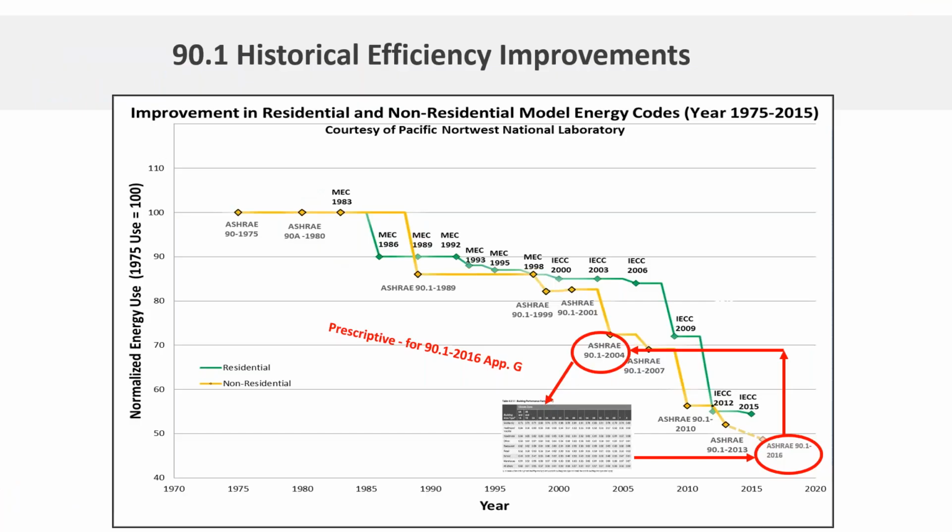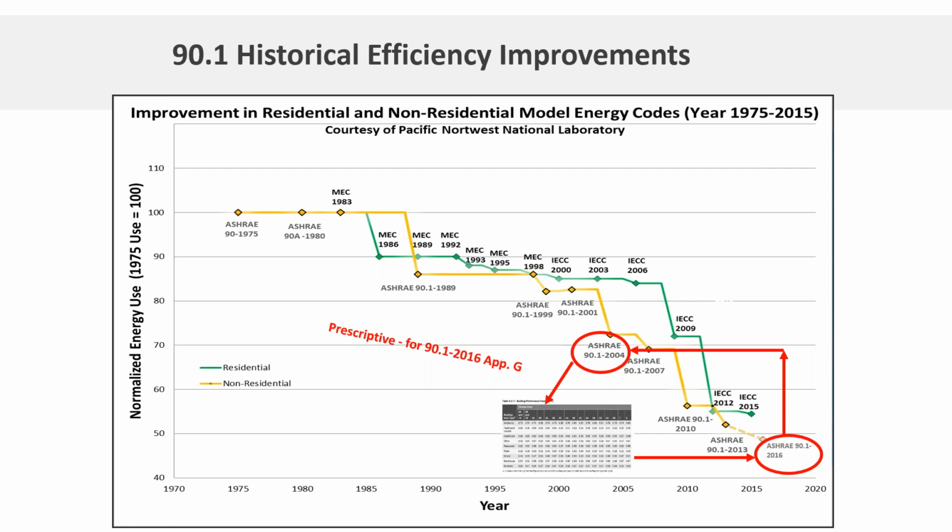So let's just quickly look at the overall historical efficiency improvements of 90.1. 90.1 was first created in 1975, and the way that this is set up is that it's normalized against 100% energy consumption, with 1975 being 100.